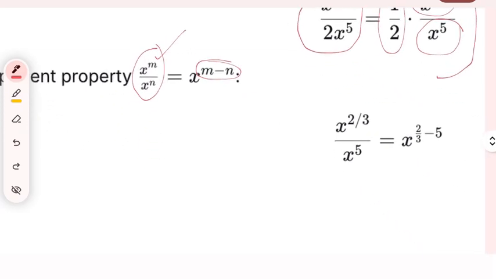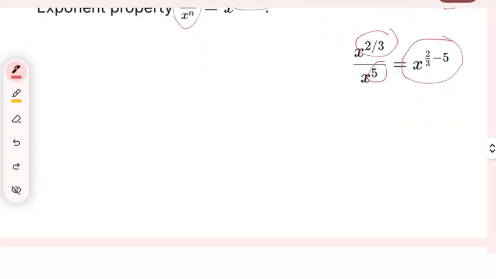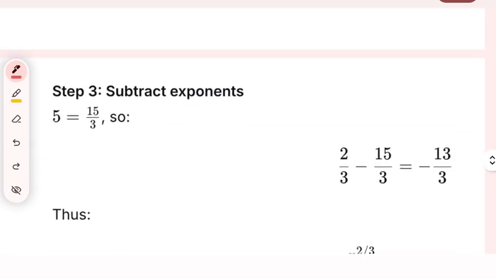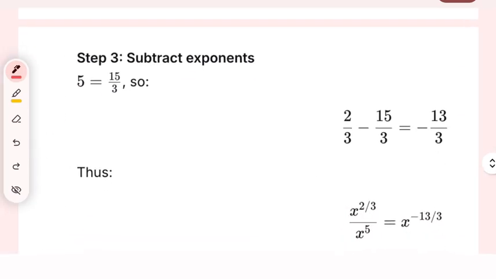So what we will do is we will subtract 2/3 and 5. So it would be x to the 2/3 minus 5. So what is 2/3 minus 5? We can convert 5 into fractional form, which is 15/3, because 15 divided by 3 is 5.